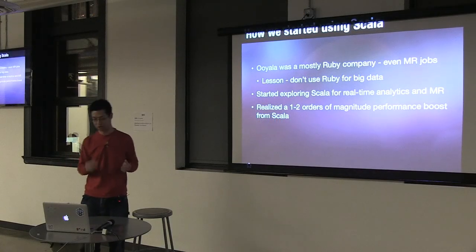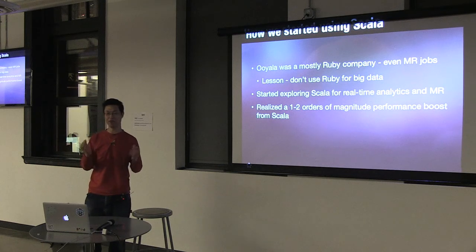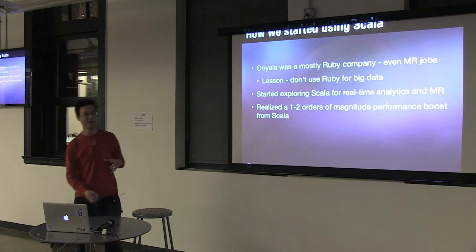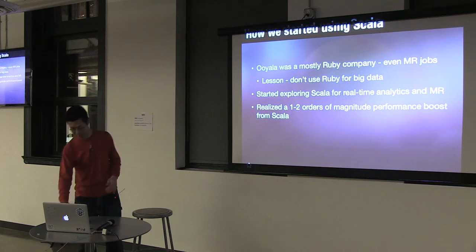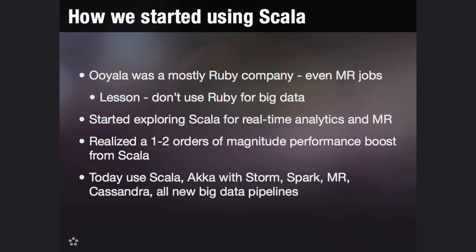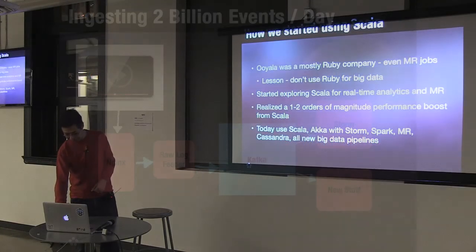So now we have actually banned Ruby MapReduce jobs. Or at least we've banned writing new ones. Unfortunately, we still have some old ones running. We use Scala and Akka with Storm, with Spark, with MR, with Cassandra. Basically, all of our big data stuff is written in Scala.